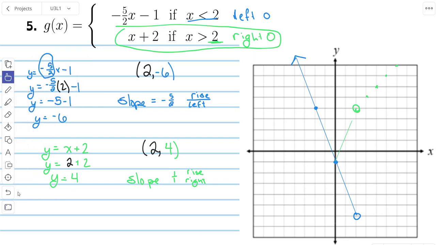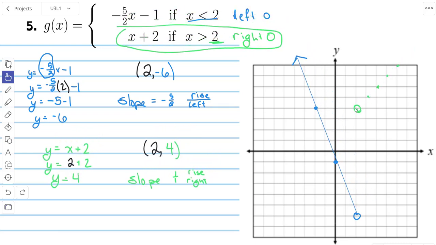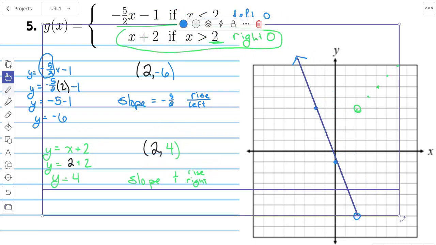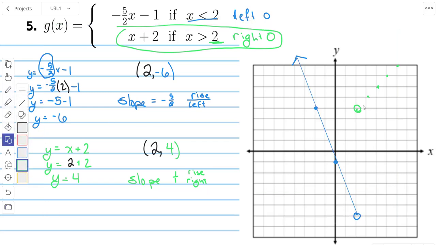Oops, sorry, at the wrong spot there. And I do it until I'm off my graph. Put my arrow, it needs to go to the right. So I know my arrow's over there.